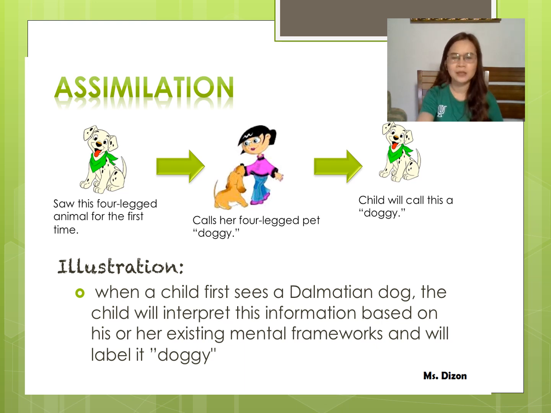Kasi nga, inassimilate niya yung dati niyang information na kapag four-legged and walks on land is called a dog. So, every time na makakita siya ng four-legged animal that walks on land, tatawagin niya itong dog or doggy. That is assimilation.